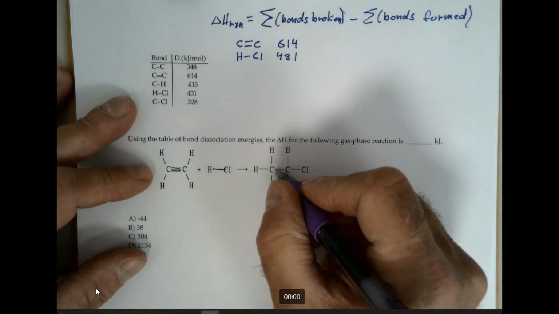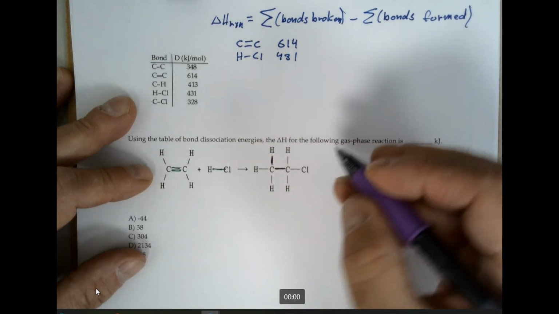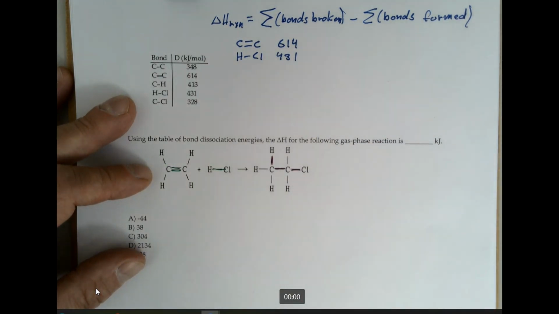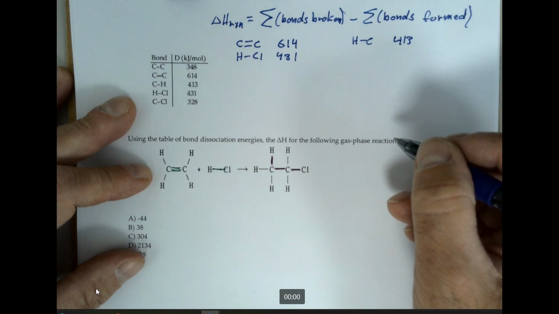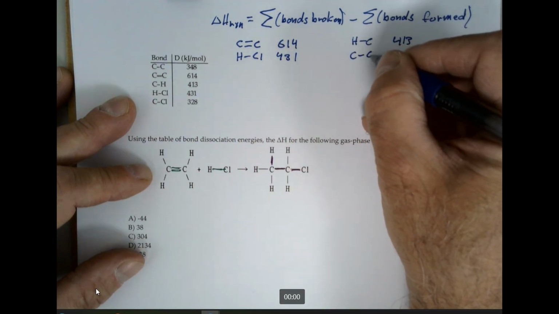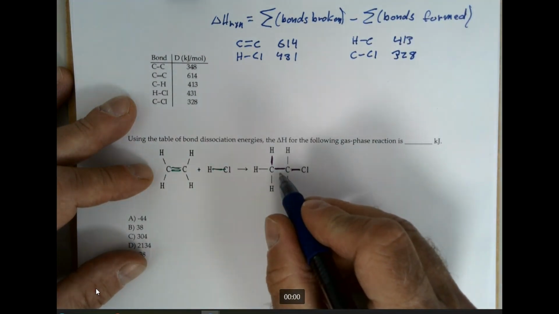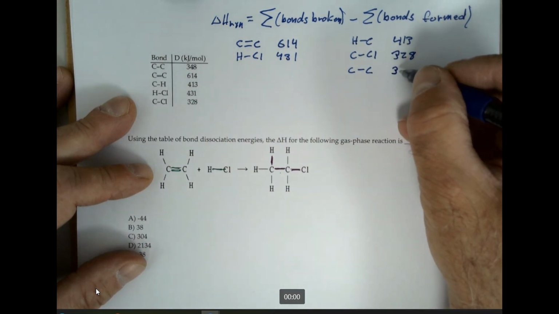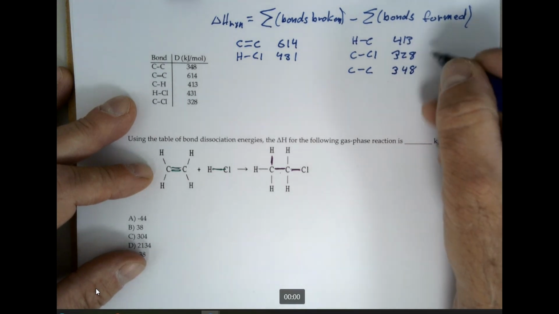I form a carbon-carbon single bond, and I form a hydrogen-carbon bond, and I form a carbon-chlorine bond. So a hydrogen-carbon bond, 413 kilojoules, a carbon-chlorine bond, 328 kilojoules, and then finally this carbon-carbon bond, which is worth 348 kilojoules.